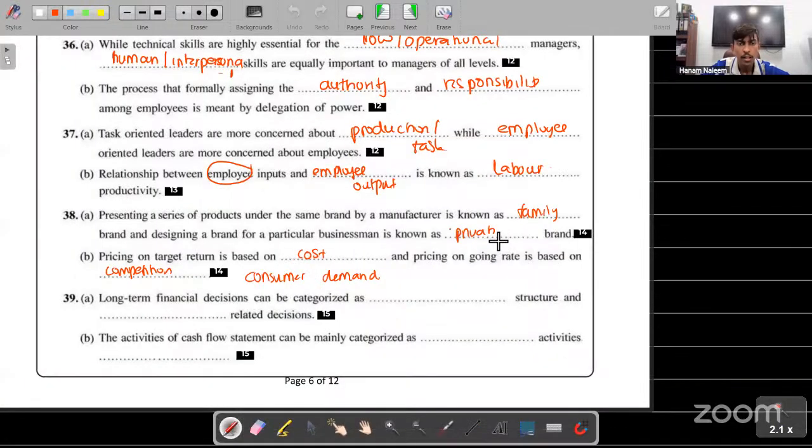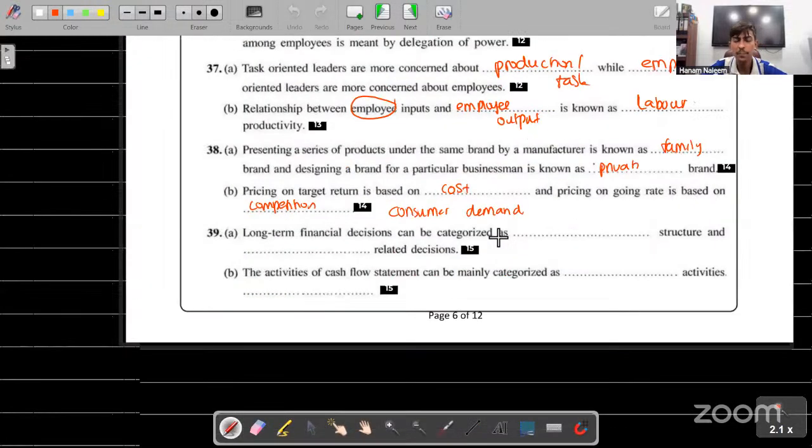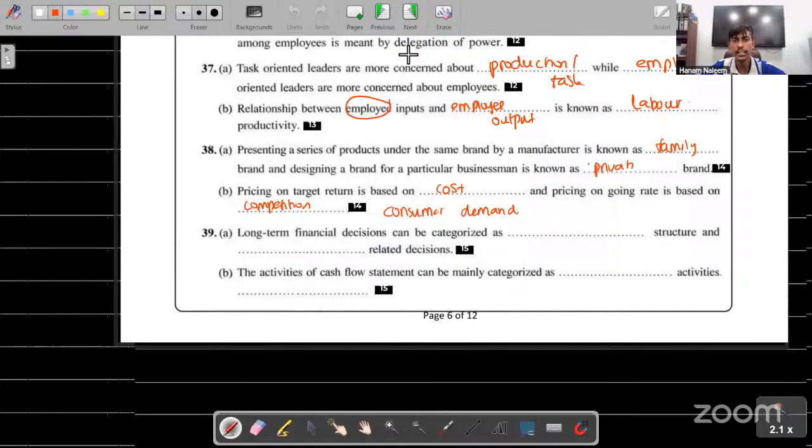Okay. Long-term financial decisions can be categorized as, I said earlier, long-term finance means the way you get money. So long-term, you have two categories. You have capital structure and then you have dividend-related decisions. And the activities of cash flow statement can be mainly categorized as... It's not in your syllabus, but when you see the business plan chapter, the final part of business plan, you have to draw some statements.